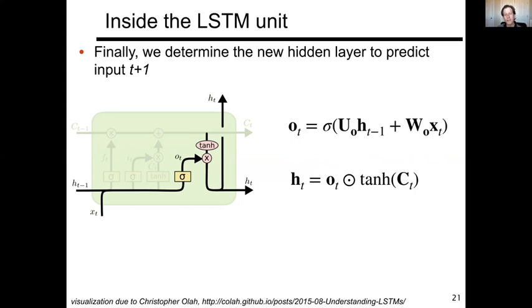Fundamentally, the new hidden state is going to be some readout of the cell state, but the nature of the readout is controlled by the output gate, which once again comes from the preceding hidden state and the input through a nonlinear activation function. We simply apply a nonlinear activation function to the cell state, and then gate it with the output gate, and that's our new hidden state representation.